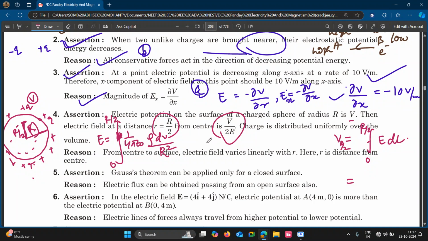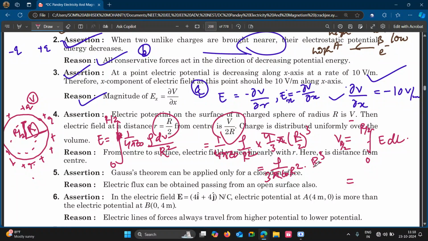So 1 by 4 pi epsilon naught, take everything out, rho by R square, and volume dV up to R by 2, which will be 4 by 3 pi (R by 2) whole cube. So the 4 cancels out, then rho by pi epsilon naught R cube by R square, and this 3 is here. Pi also gets cancelled out.